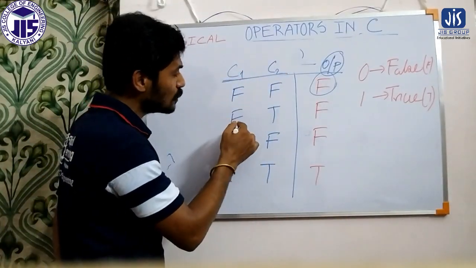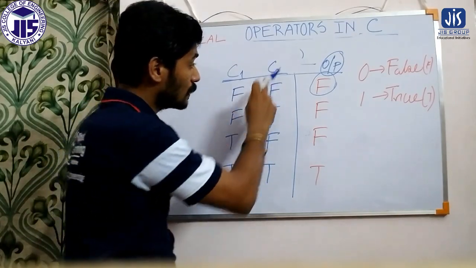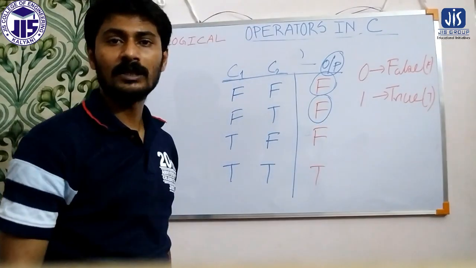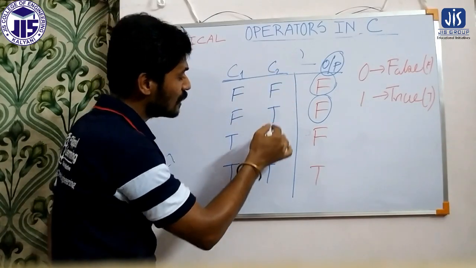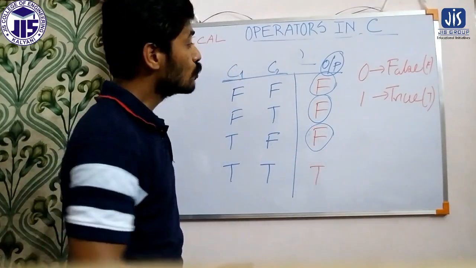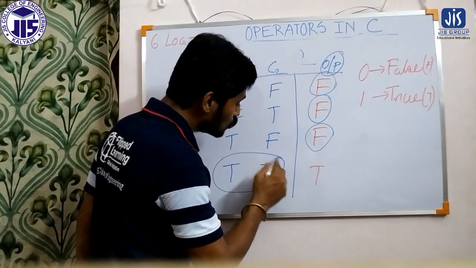If condition 1 is false but condition 2 is true, then also it will be false. And if condition 1 is true but condition 2 is false, then it will be treated as false. So it will be true only when both the conditions are true.